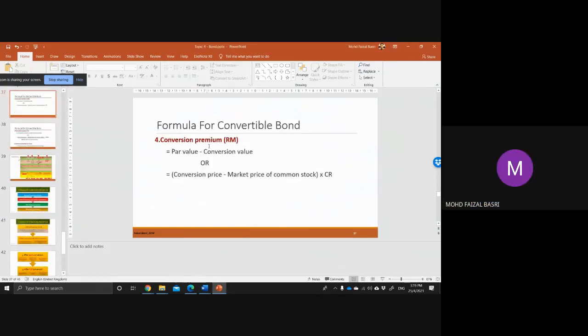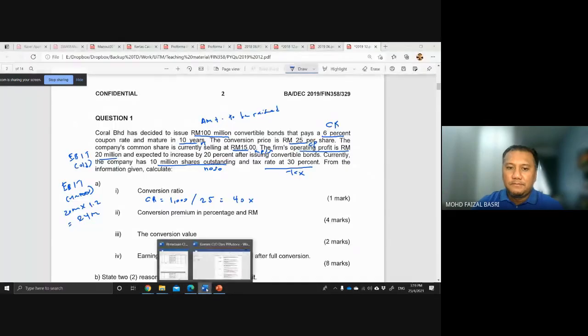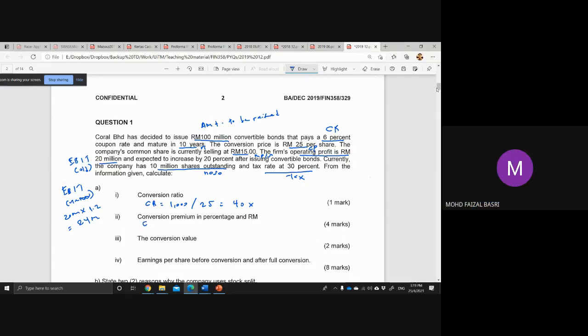So dia nak tadi conversion premium in ringgit dengan conversion premium in percentage. So both require conversion price dengan market price. So let's say kita nak cari conversion premium in percentage dulu.